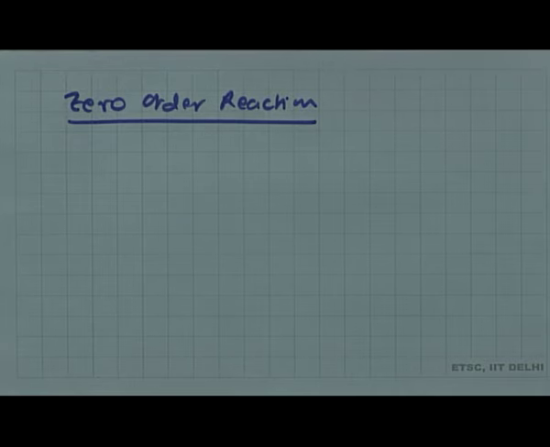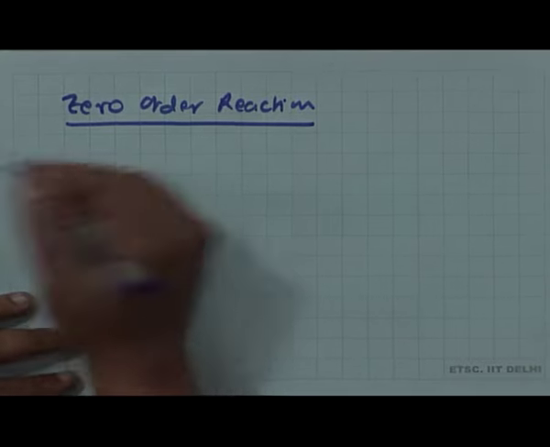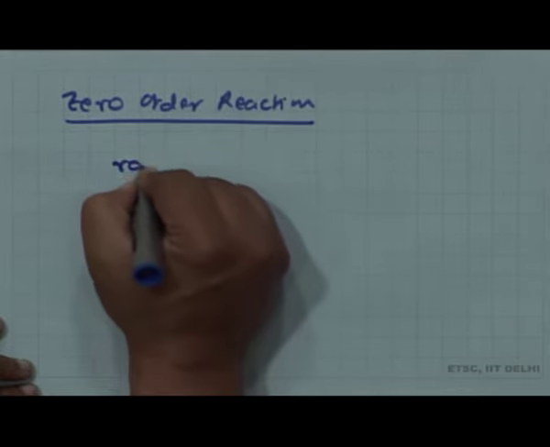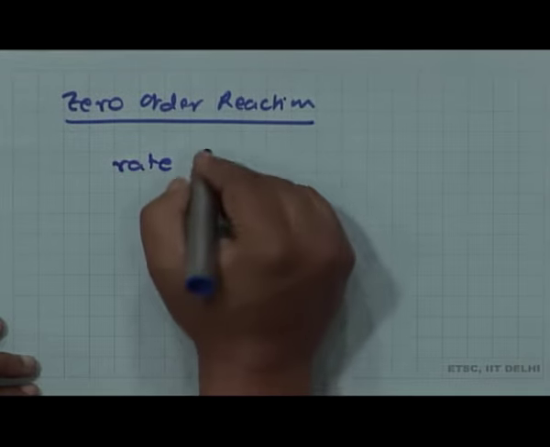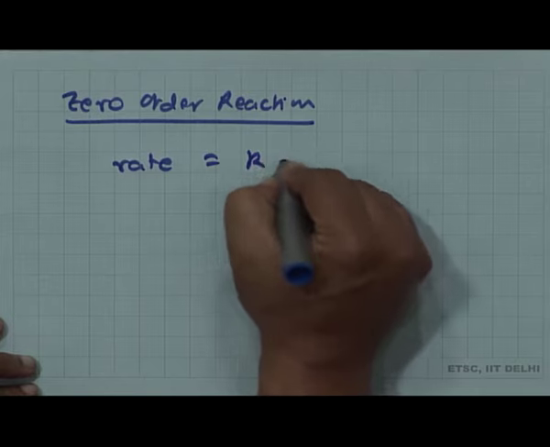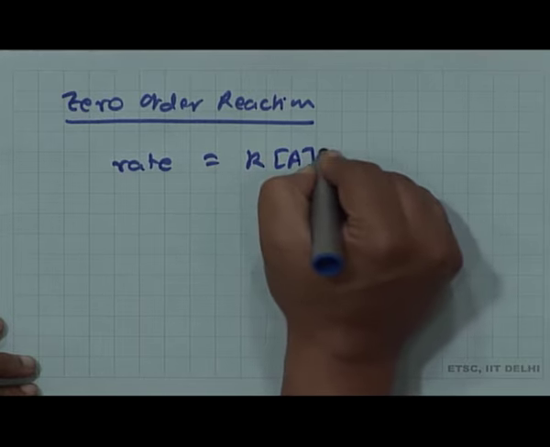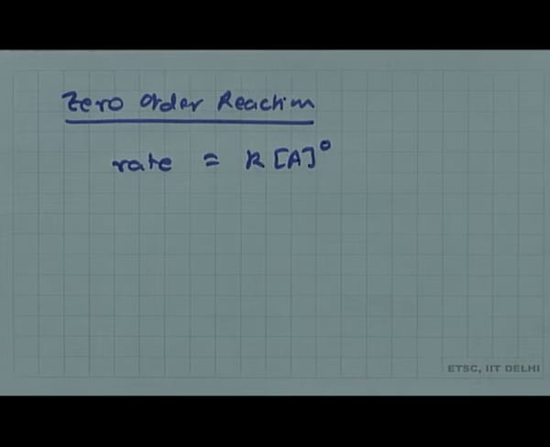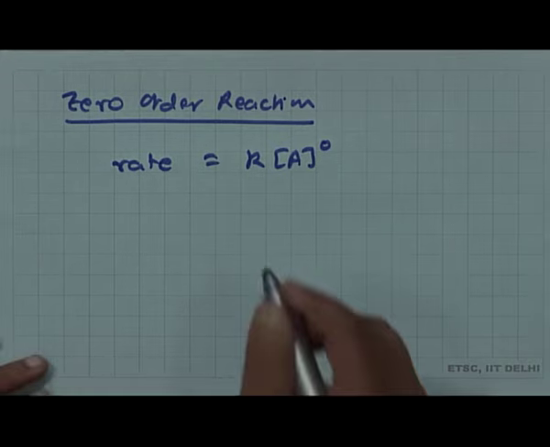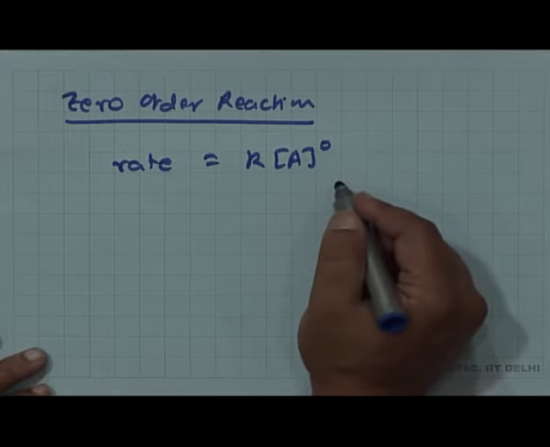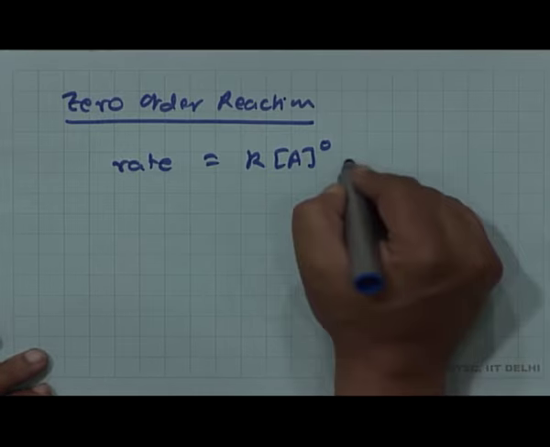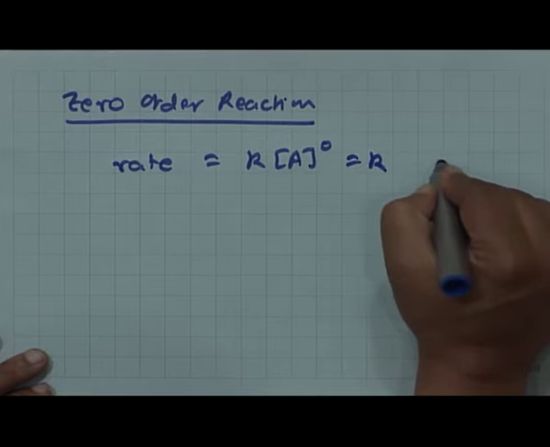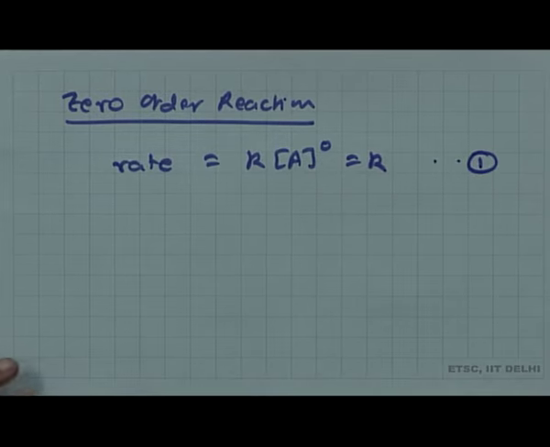So, what we say is that as per definition of the 0 order reaction, the rate of the reaction is equal to K, if A is the reactant, K times concentration of the reactant raised to the power 0, A being the reactant. Okay. So, anything raised to the power 0 is equal to 1, therefore, rate is equal to K, let this be equation 1.